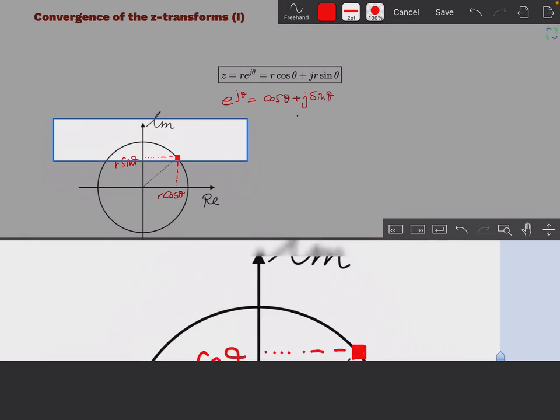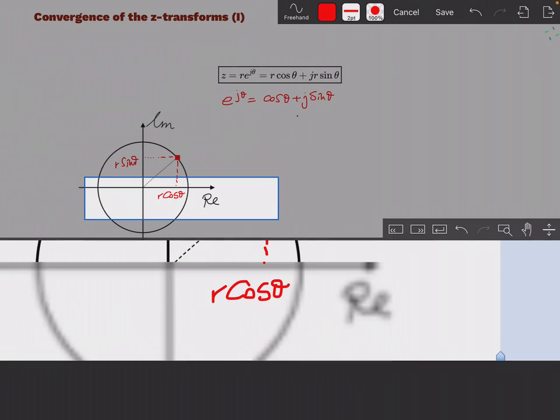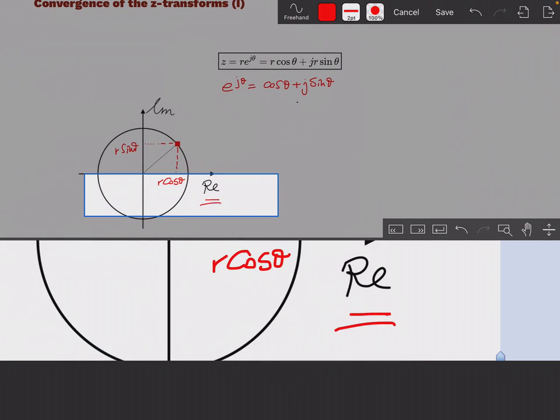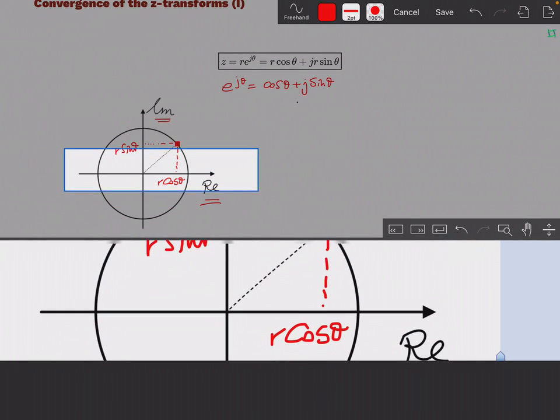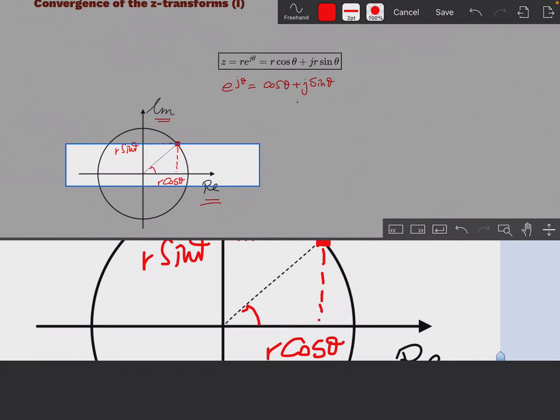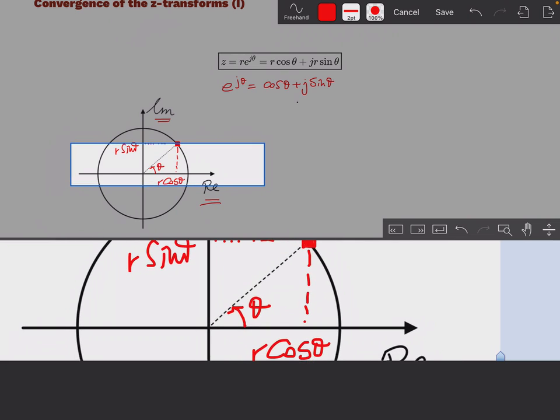Okay, so we have the imaginary axis and the real axis. So this is the real axis and this is the imaginary axis, and this angle is theta. Okay, so this is z.